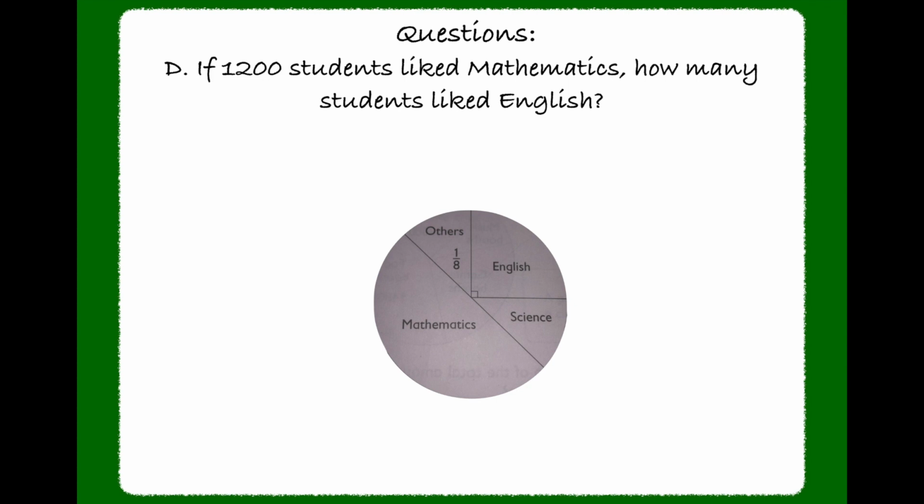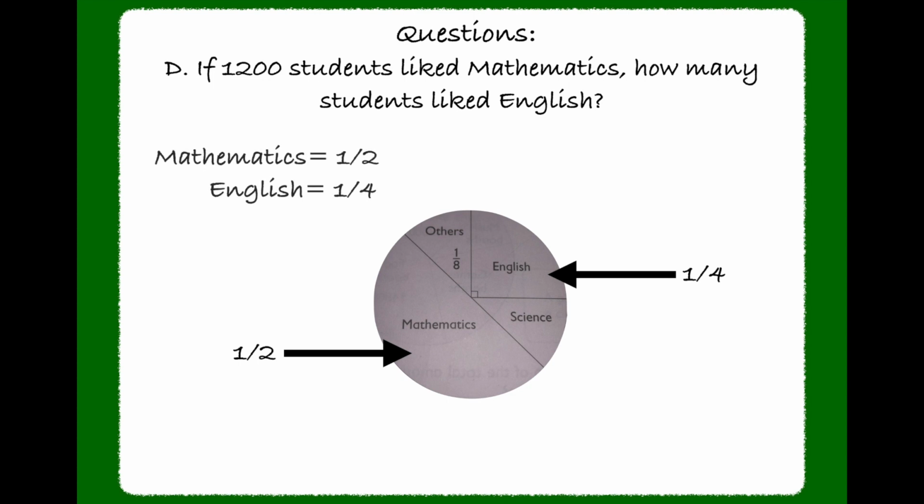Question D. If 1,200 students liked mathematics, how many students liked English? Our pie chart shows us that mathematics is half of the students. English is 1/4 of the students. Let's use this information to find our whole. How many students were there altogether?